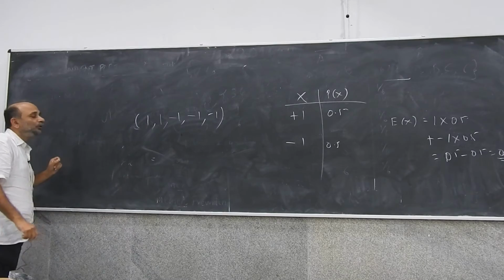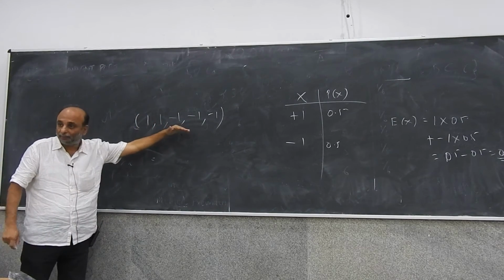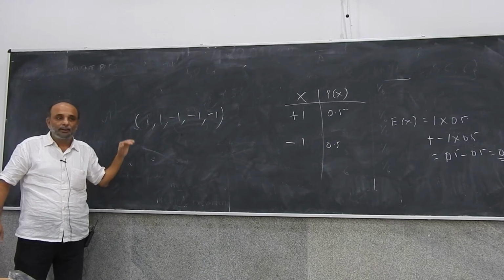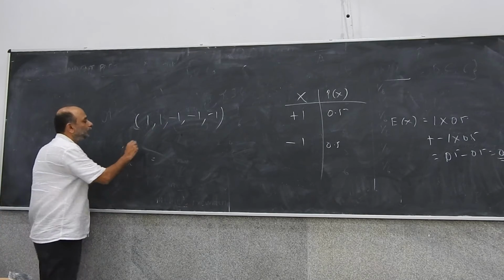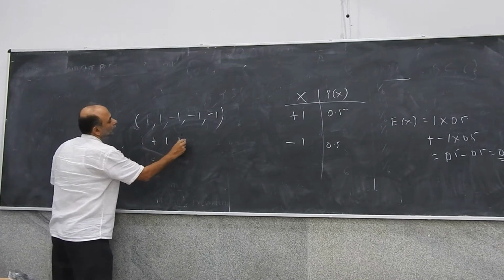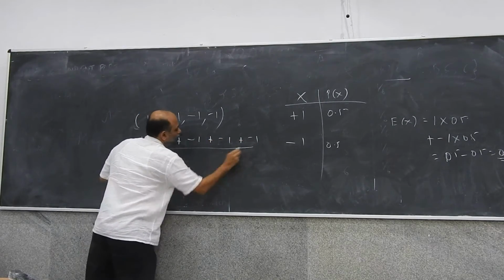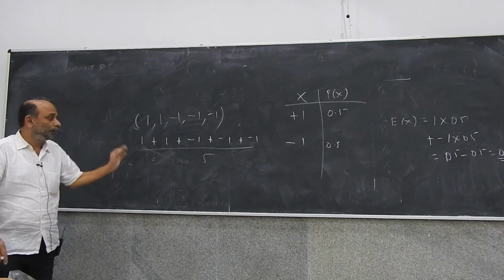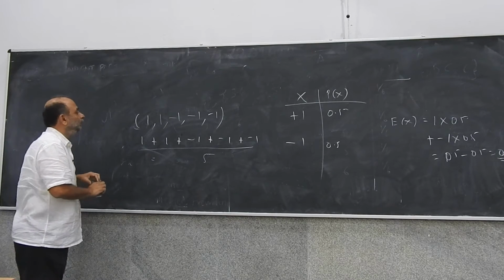So if I ask you to find out what your average earnings in this toss of 5 are, how will you find the average earnings? Sum all these earnings and divide by 5. So what will you do? 1 plus 1 plus minus 1 plus minus 1 plus minus 1 upon 5. Isn't this what you do? Now let me rewrite this a little bit.